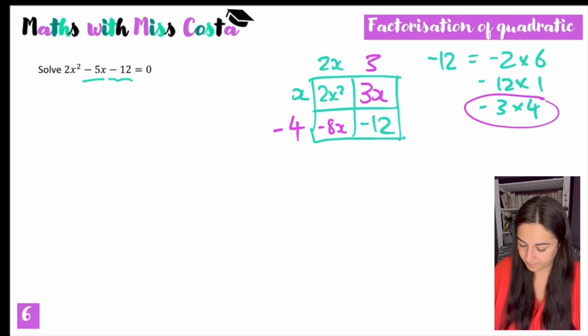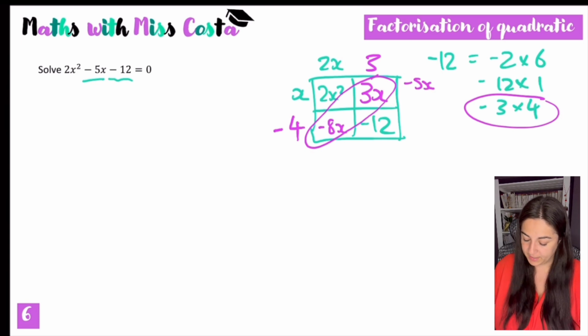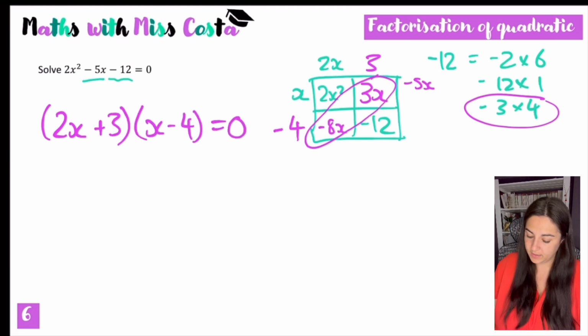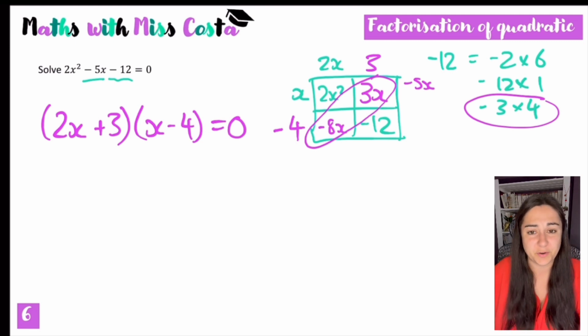Negative 8x plus 3x gives you negative 5x, and obviously 3 times minus 4 is minus 12. So in your brackets you'd have 2x plus 3 and x take 4 equals 0. So we've done the factorising part. If you need help with factorising these, just watch a video on factorising. I'm just going to go this quite quickly because we've got a lot to go through.